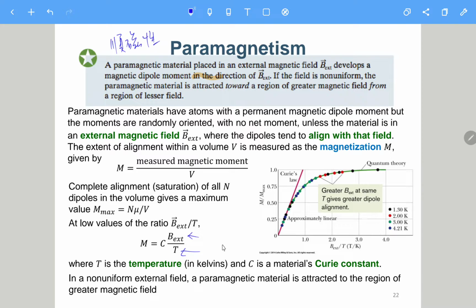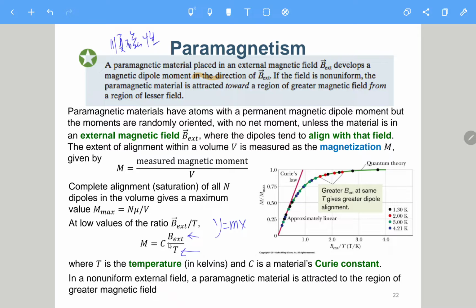Okay, so if we consider this whole B external over T as a variable, then you can see in this graph the x-axis is B external over T. So you feel like y equals mx. This is x, this is y, and this is a constant, which means that Curie's law describes this straight line.